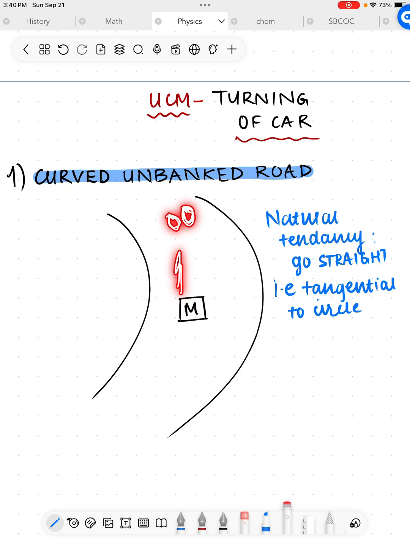Even if we rotate the tires like this, the car would want to go straight, its natural tendency, because of inertia of straight line.